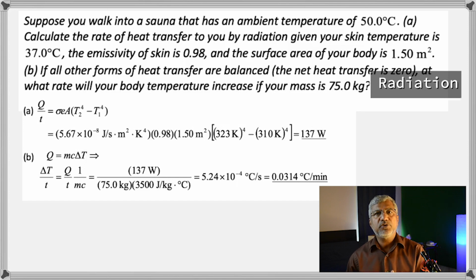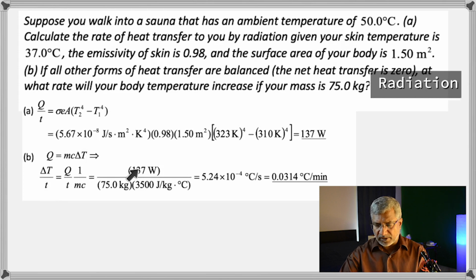So once again, we use Q is equal to mc delta T, where m is the mass of the body, and Q we already calculated is 137 watts. When you use that formula, make delta T the subject, and delta T from both sides cancels out.